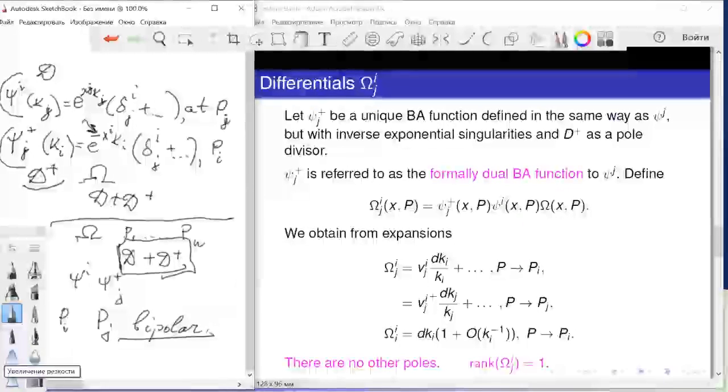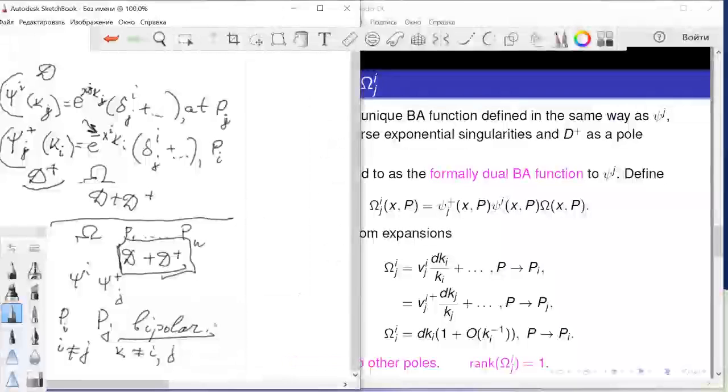It's somehow clear, for the following reason: if i is not equal to j, then for any k not equal to i, j, we have the following.